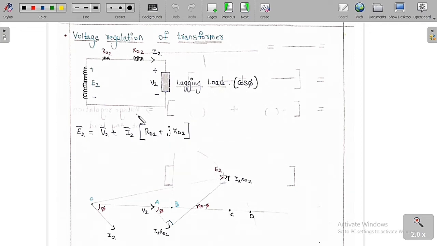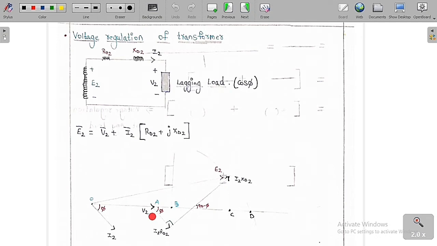Now I will draw the phasor diagram for this equation. You can see clearly that this is the terminal voltage V2. As I have already told you, the load has a lagging power factor. Therefore the load current I2 is going to lag the load voltage by a small power factor angle phi. But you can see clearly I2 and R0 of 2 are in phase.